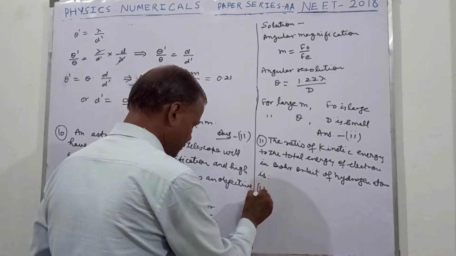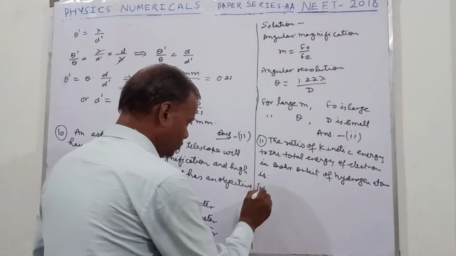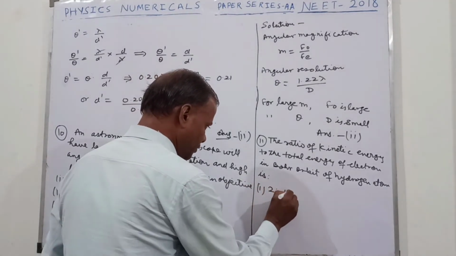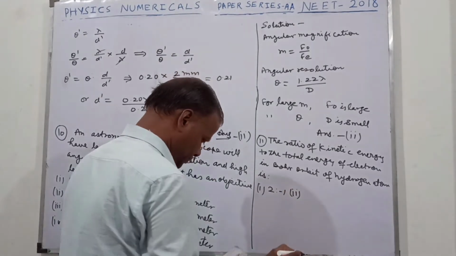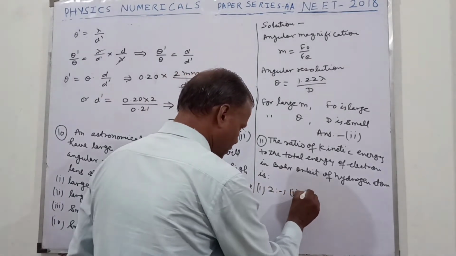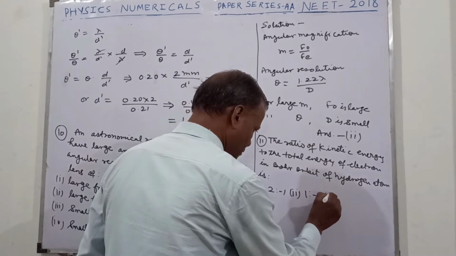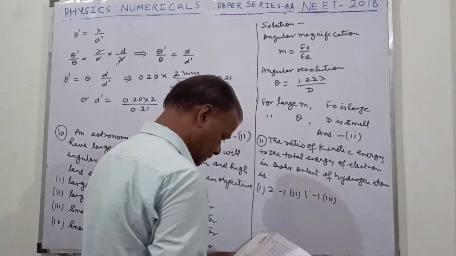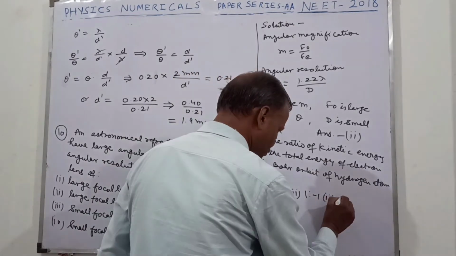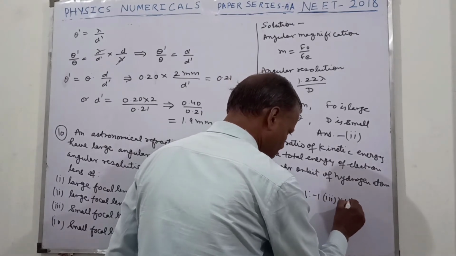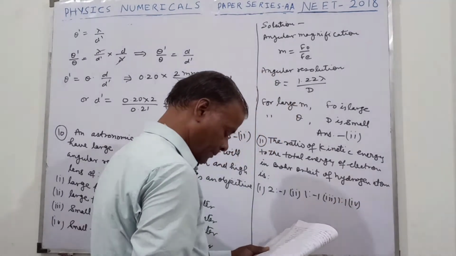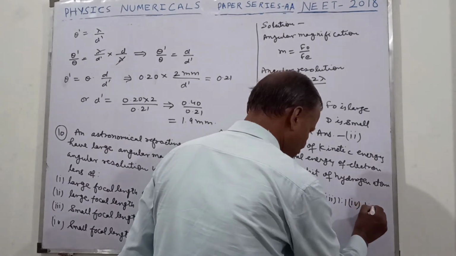Now options: first 2:-1, second 1:-1, and third 1:1, and fourth 1:-2.